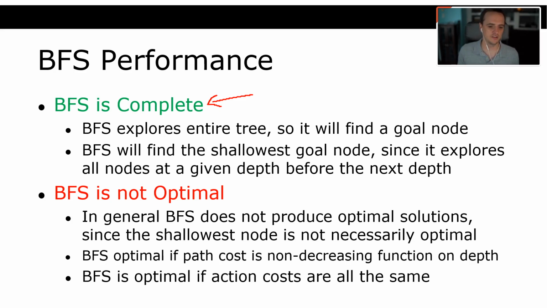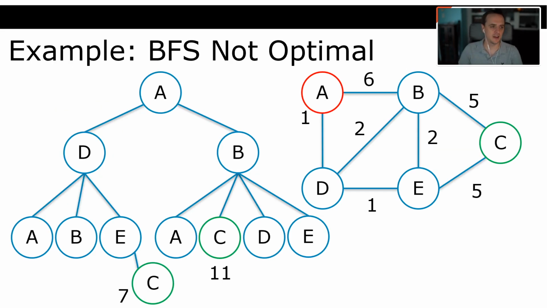Typically the scenario is maybe all of our action costs are the same. Since it finds the shallowest node in the search, it's only optimal if all the action costs are the same. Let's look at that example.